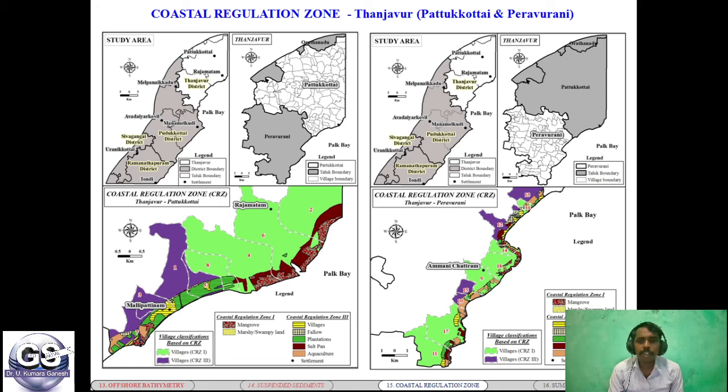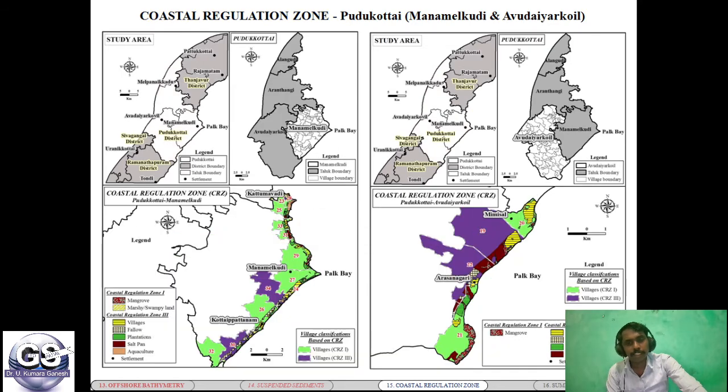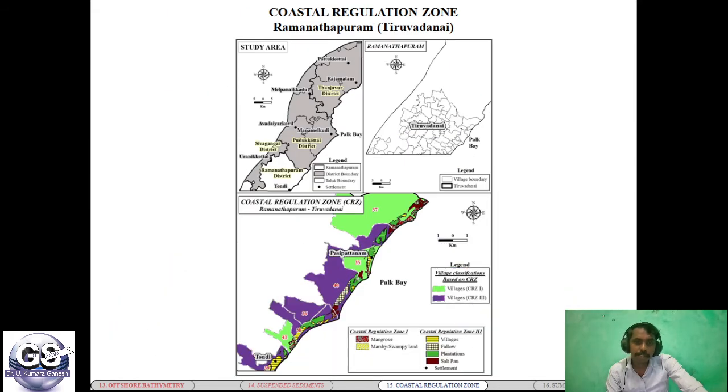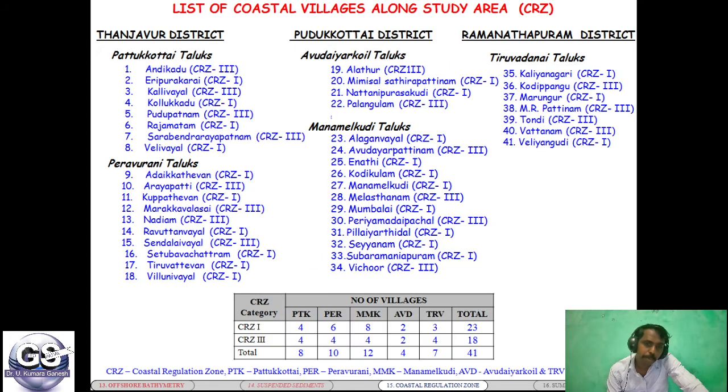Village level coastal villages were also classified under coastal zone 1 and 3 categories. On the basis of this, the maps were prepared.